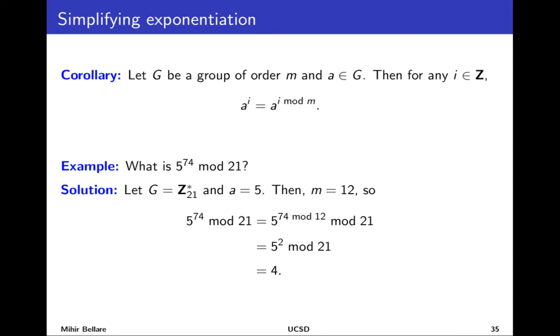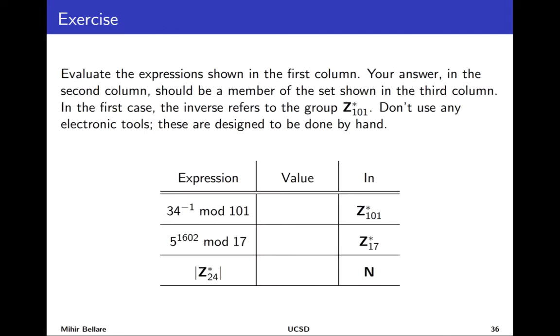Okay. So application of that corollary made this really quite easy to do by hand. You can try a few of these. These are similar exercises which ask you to compute either inverses in a group, or do exponentiations in a group, or compute the size of Zn star for some value of n, and so forth.